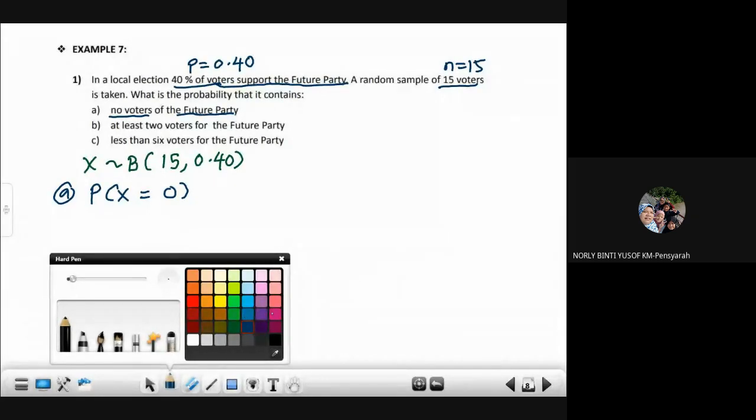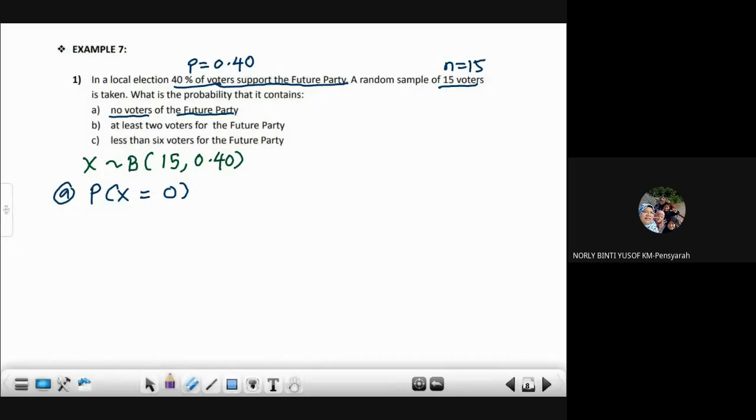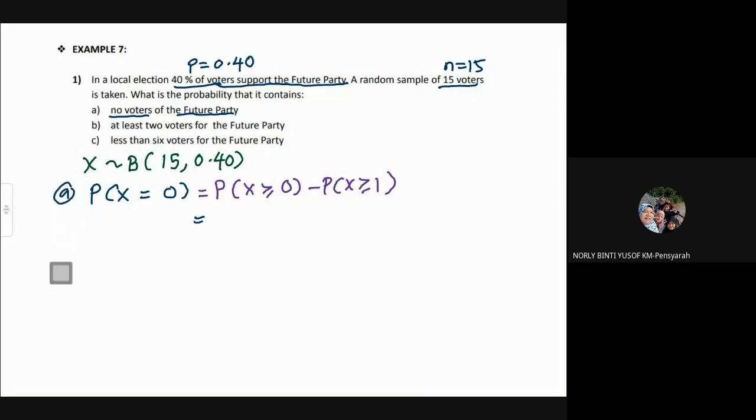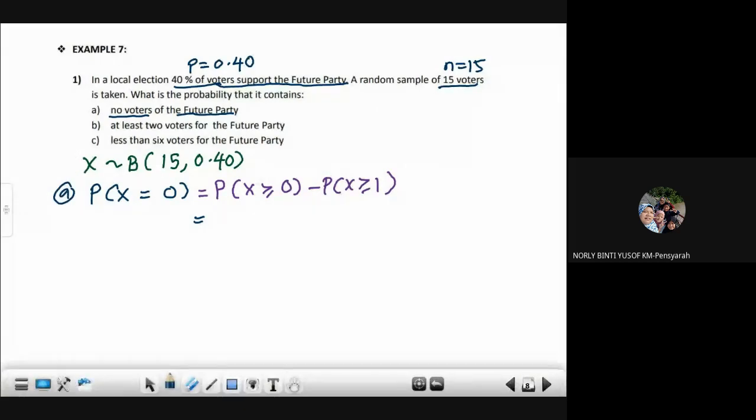Kalau you rasa lebih mudah nak baca table, then baca table lah. Kalau baca table for exactly, greater or equals to 0, greater or equals to 1.